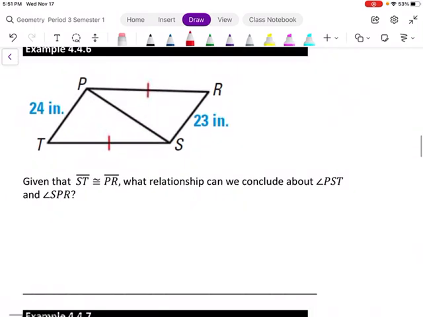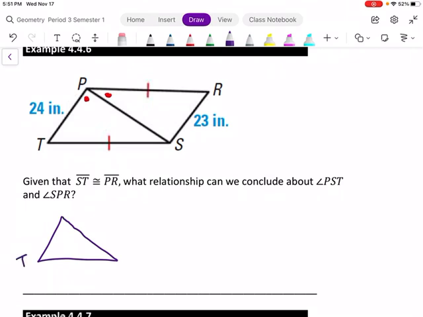Our next example. Given that ST is congruent to PR, and they already have it marked on our picture, what relationship can we conclude about angle PST, which is this angle here, and angle SPR, which is this angle here? So before we can conclude anything, we need to look at the two triangles. It might help if you draw them separately.